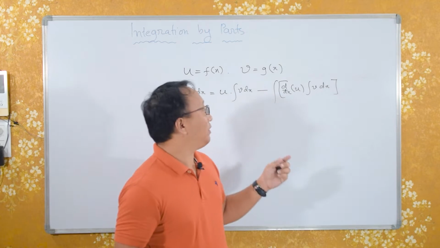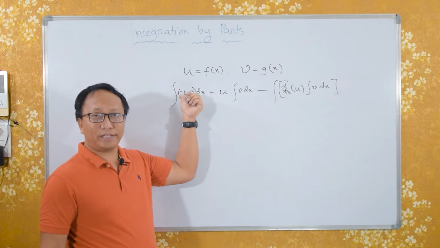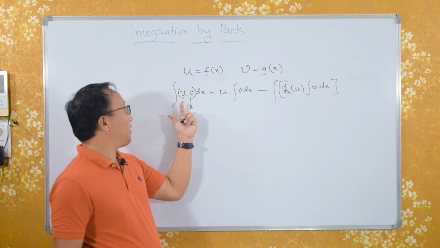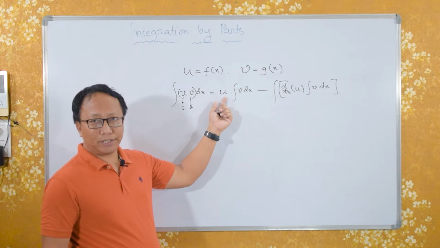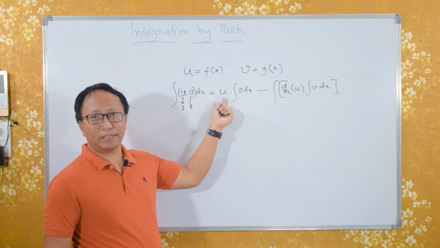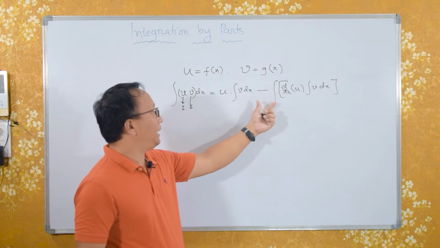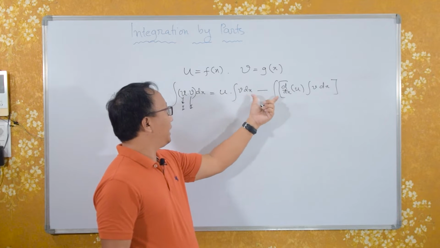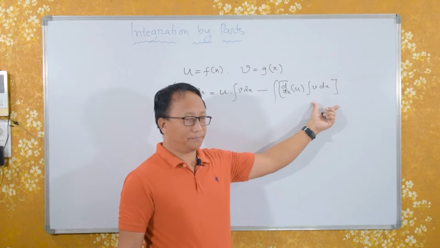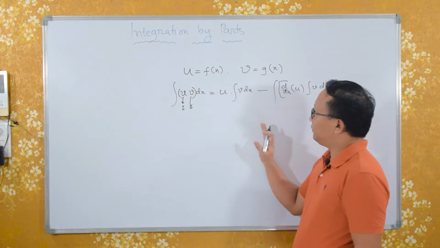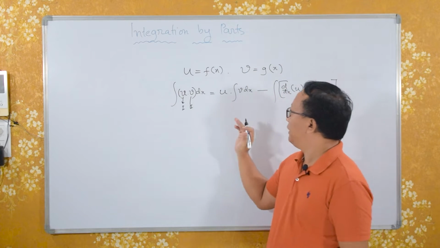I will explain that with the ILATE rule, but for the time being I am choosing u as the first function and v as the second function.